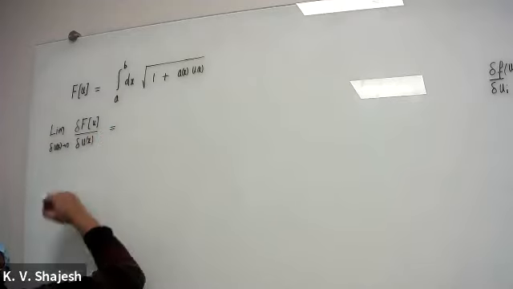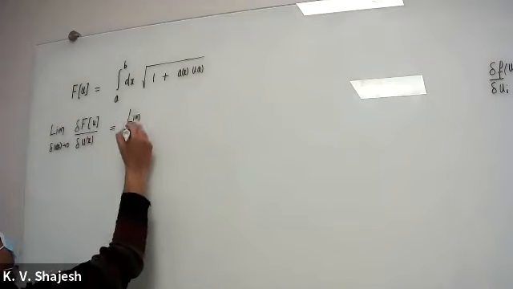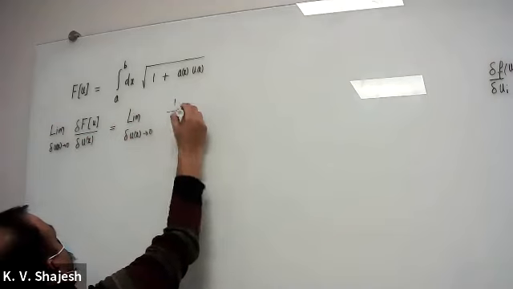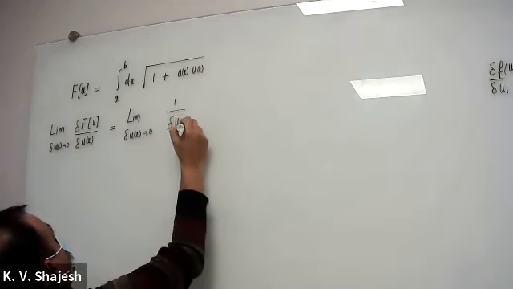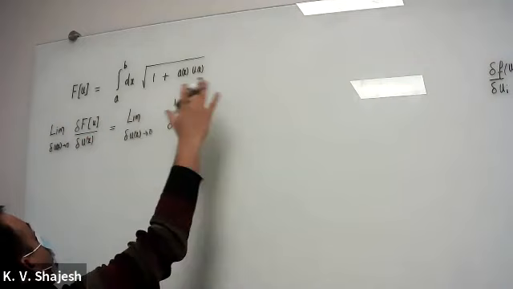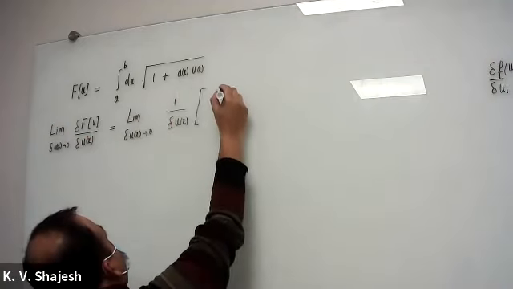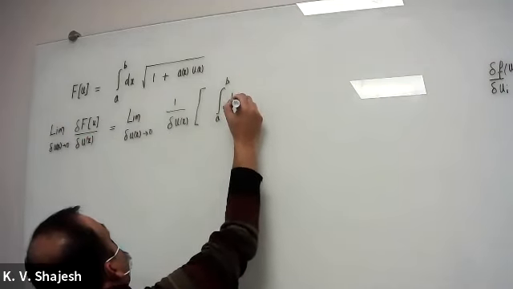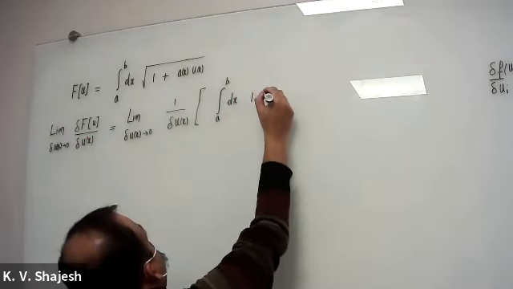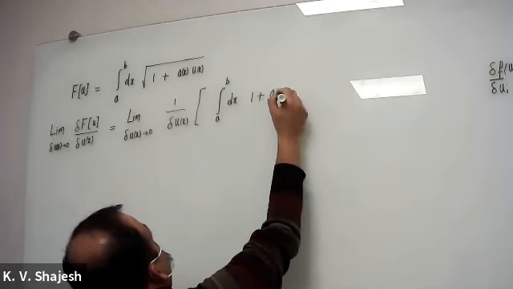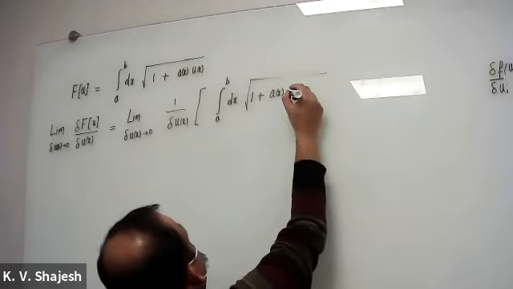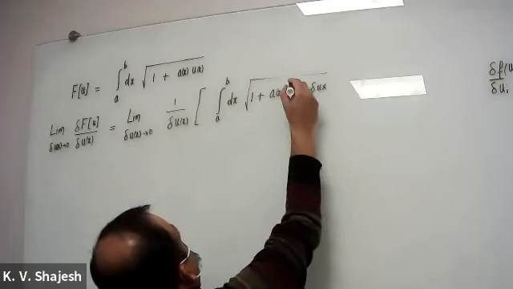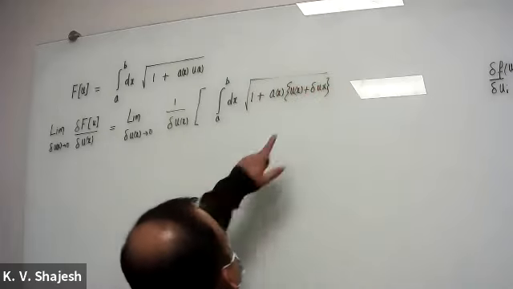So that's equal to limit delta u of x tends to 0, 1 over delta u of x, and this is a whole series if you want. So this is a to b dx, square root of 1 plus a of x times u of x plus delta u of x. That's where you make the change.